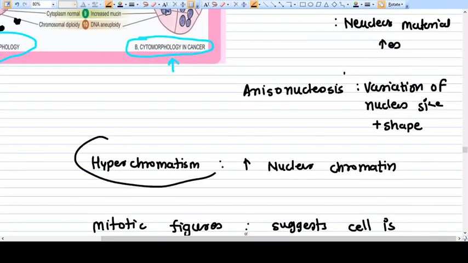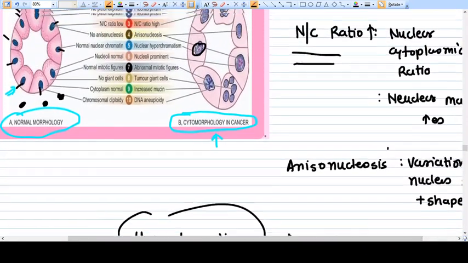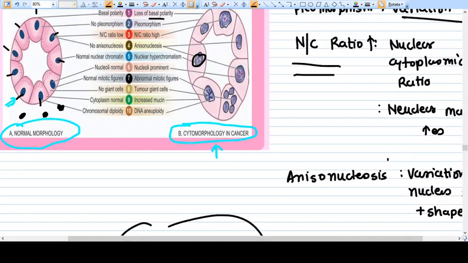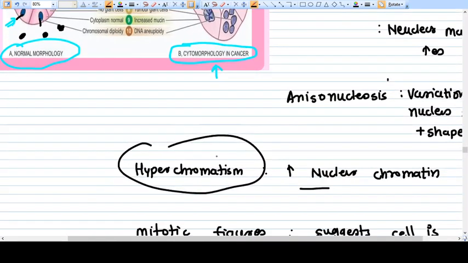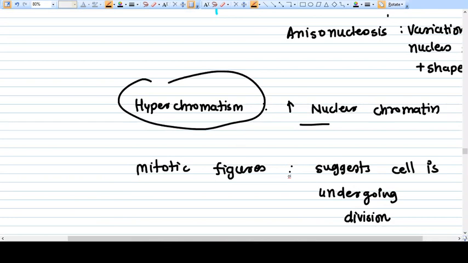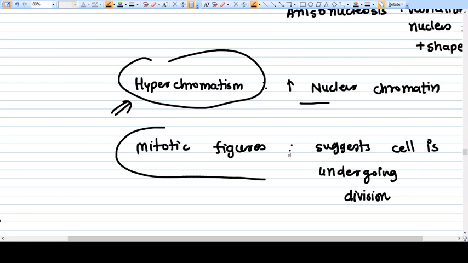There is hyperchromatism. That means nuclear chromatin is increased. So you see here chromatin structures are there, increased from here. It is also a feature of neoplasia. Mitotic figures can be seen. What are mitotic figures? They can be seen in a normal dividing cell.